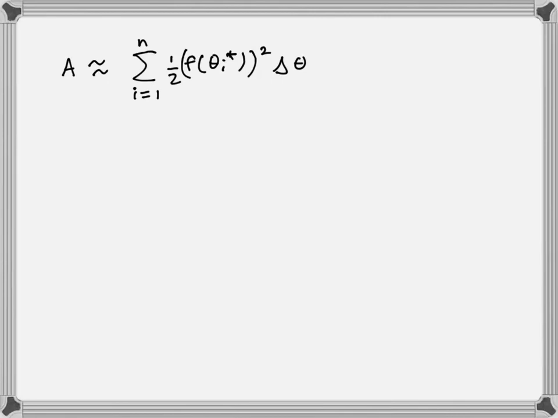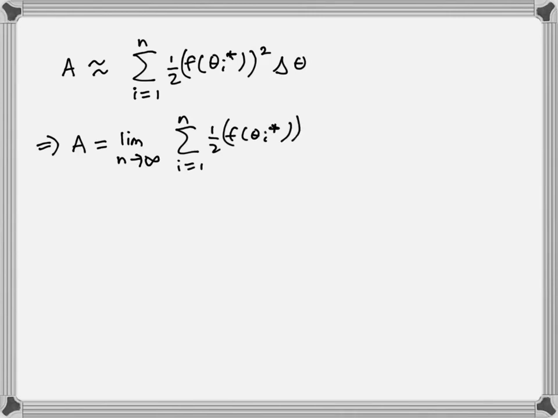But then that means that if we want to make this exact, all we have to do is take the limit as n goes to infinity, which means that we're actually splitting this up into smaller and smaller pieces, just like the smaller rectangles approach the area in the old integral. This is actually going to approach a different integral. So what does this equal?